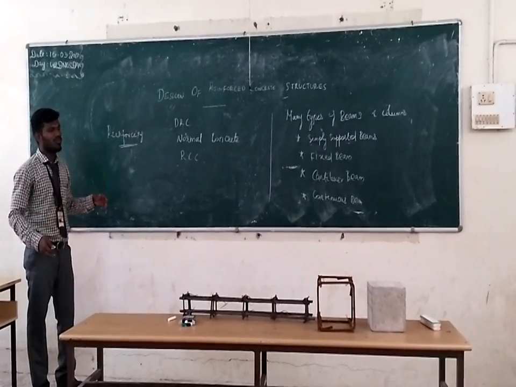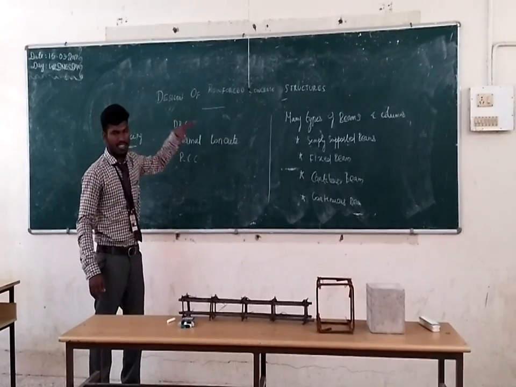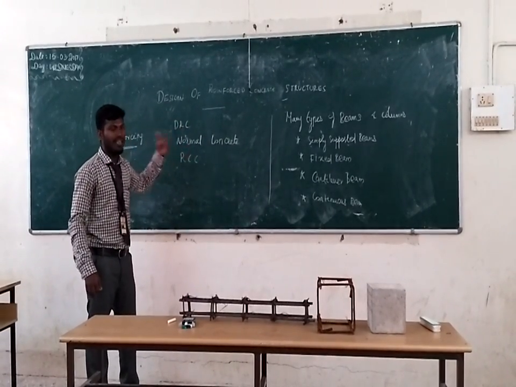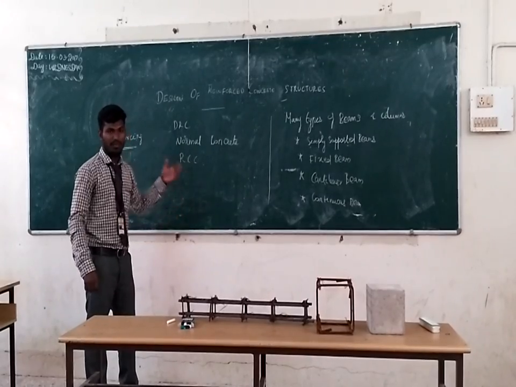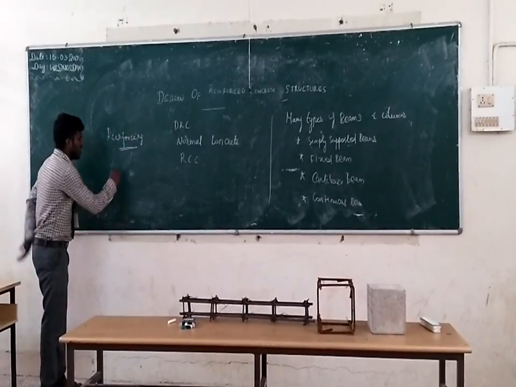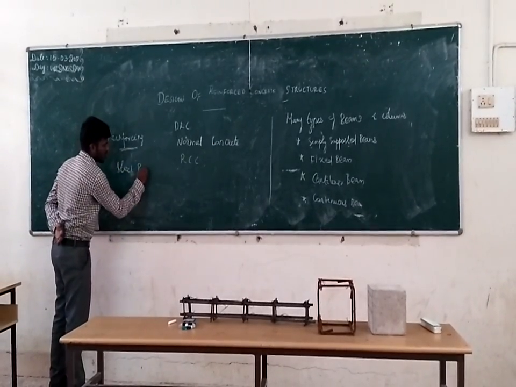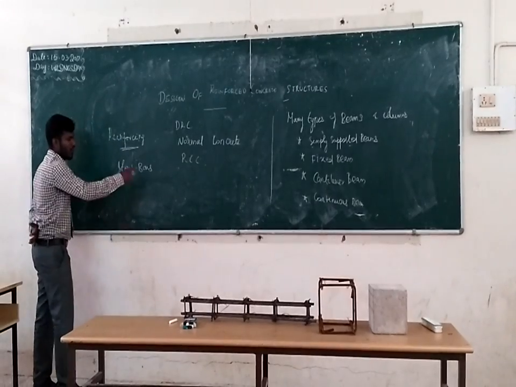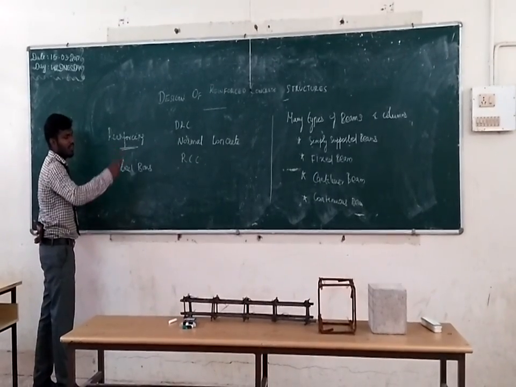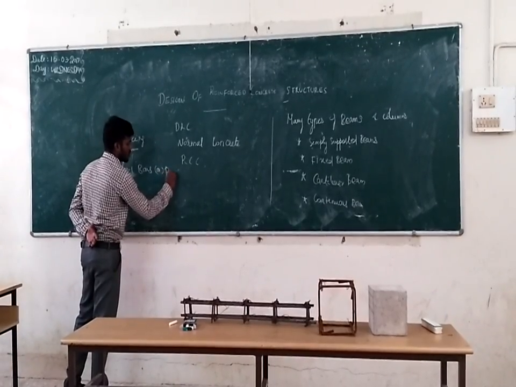Here we are going to strengthen the concrete structures or concrete elements by introducing reinforcement. That means we introduce steel bars, that's why it's called reinforced cement concrete. Also we call them rebars.